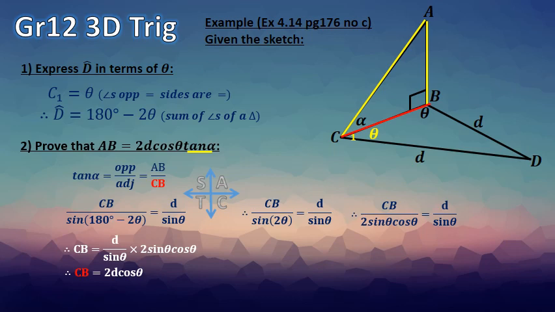So that red CB in our first equation, the tan alpha equation, can be replaced with 2D cos theta. And now we can make AB the subject of the formula by multiplying tan alpha with 2D cos theta. It's as easy as that.